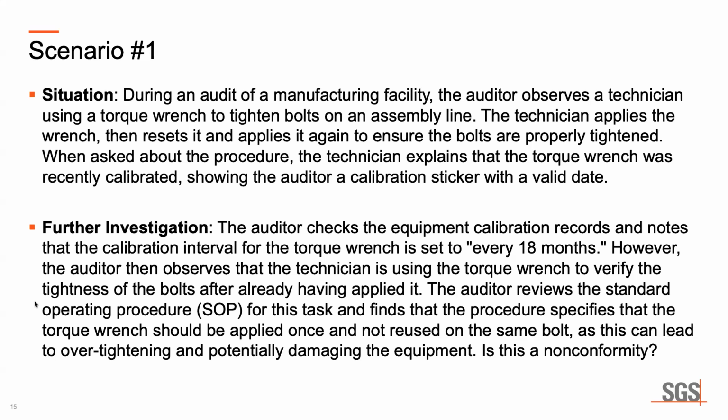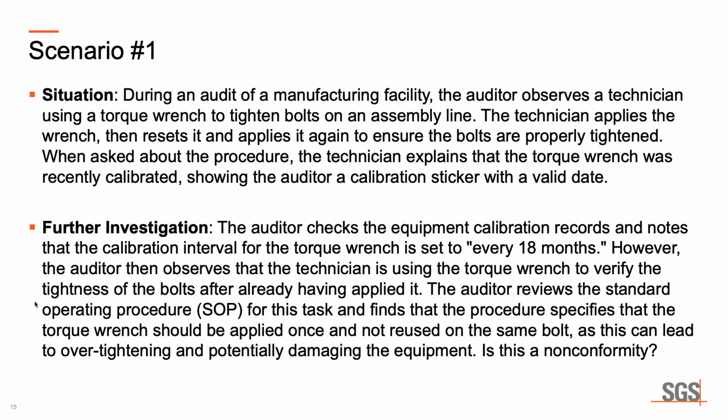a technician using a torque wrench to tighten bolts on an assembly line. The technician applies the wrench, then resets it and applies it again to ensure the bolts are properly tightened. When asked about the procedure, the technician explains that the torque wrench was recently calibrated, showing the auditor a calibration sticker with a valid date.